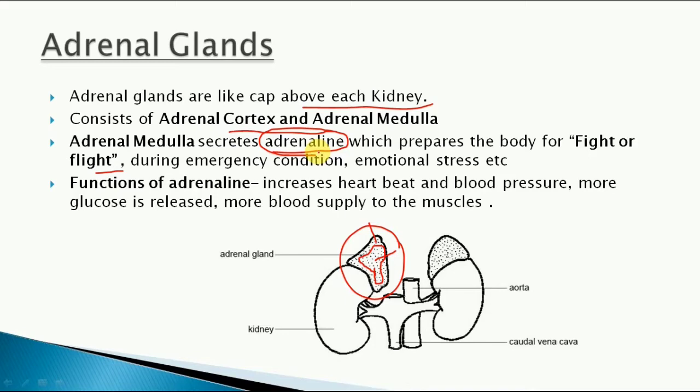It increases the heartbeat, it increases the blood pressure, and many other things happen, like more blood supply to the muscles, because we need more energy during that time. So this hormone is secreted to increase heartbeat, blood pressure and glucose, and many other important things. So this was the function of adrenaline.